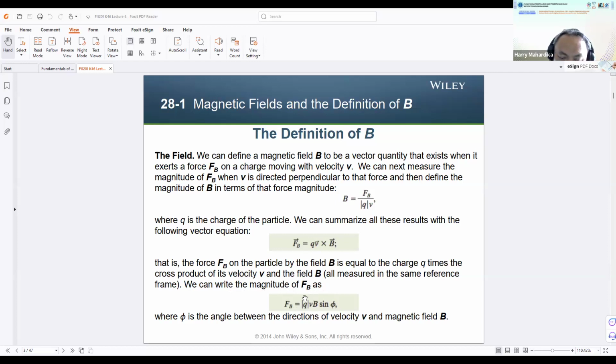So it means that the magnitude of Q here, if you see a mathematical equation that has this type of sign, this type of operation with two bars on the right and the left, it means that we don't need to consider whether it is positive or negative. We just need to consider the value, or the magnitude only, because here we just need to find the magnitude of the force itself.